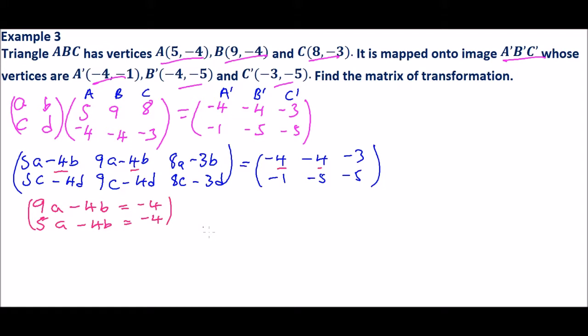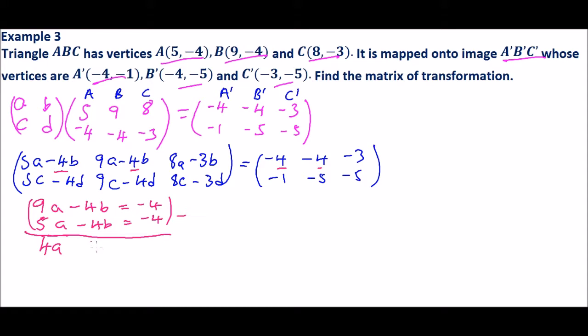So we are going to subtract equation 2 from equation 1. We eliminate B, and we say 9A minus 5A will give us 4A, minus 4B minus minus 4B is zero, and the right side minus 4 minus minus 4 gives us 0.